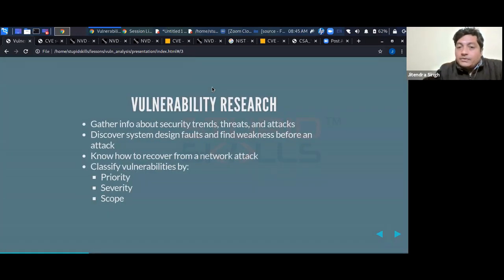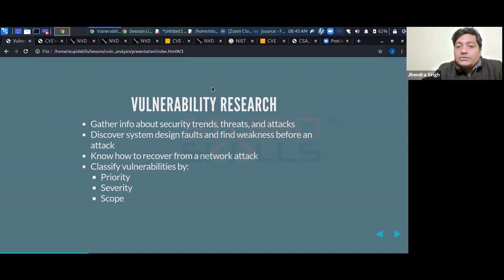In vulnerability research, you gather info on trends, threats, and attacks. Being a penetration tester or a certified ethical hacker, you should always be on top of the latest that is going on in the world, by following the news or reading magazines.